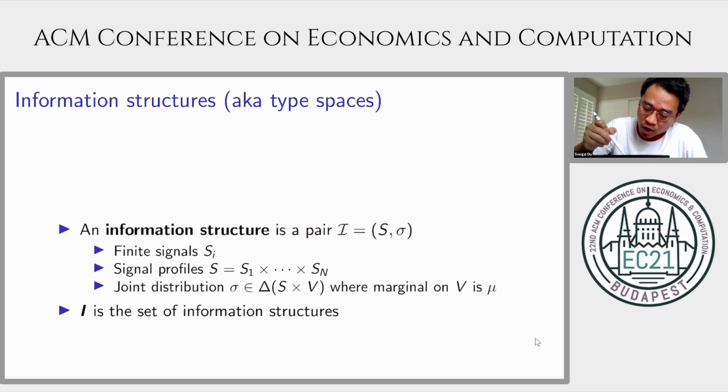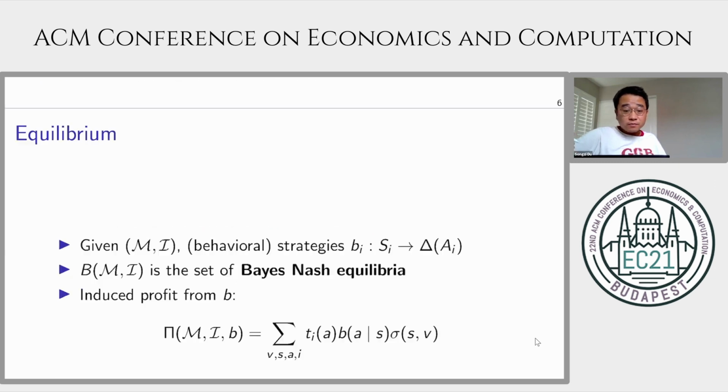The information structure has a joint distribution over the set of signals and the set of values, with the caveat that the marginal distribution on the value is mu, which is what the seller knows. We let bold I denote the set of information structures.